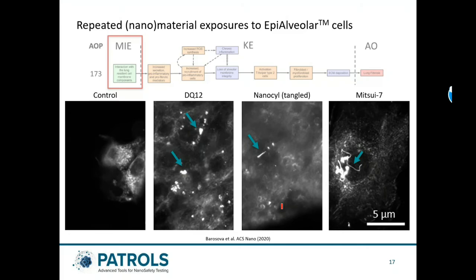Because the filter insert gives a lot of background, we had to detach the cells from the membrane, and then we had a suspension of cells which we could spin down on a cover glass. So we cannot say which cell type we see, but we see that the material interacted with cells, that the material is inside the cells but also attached to the outer cell membrane.